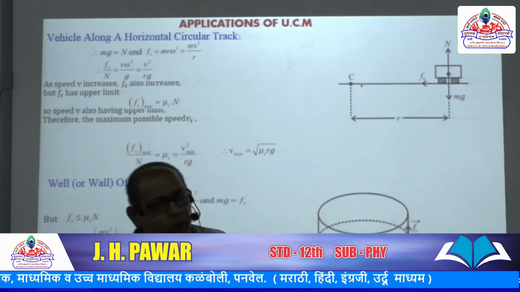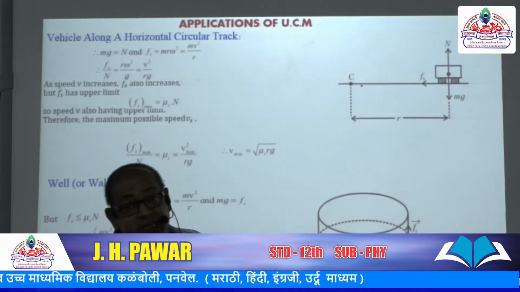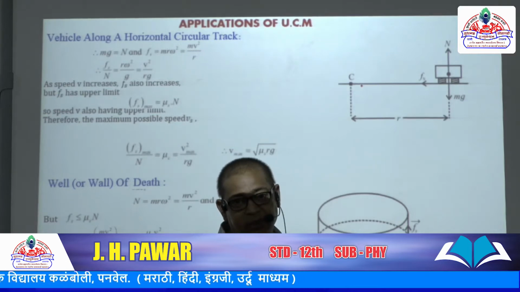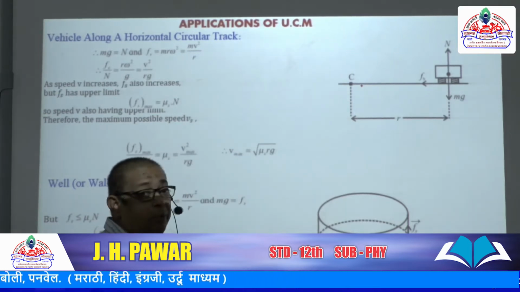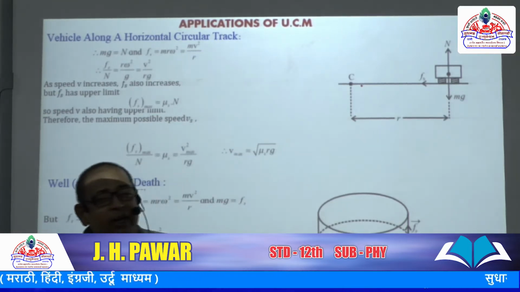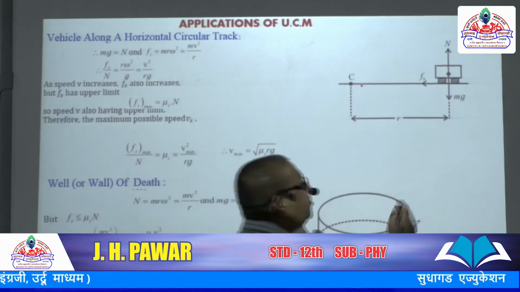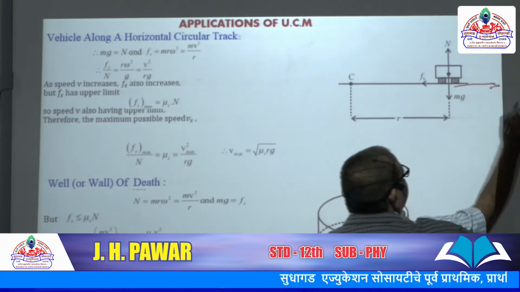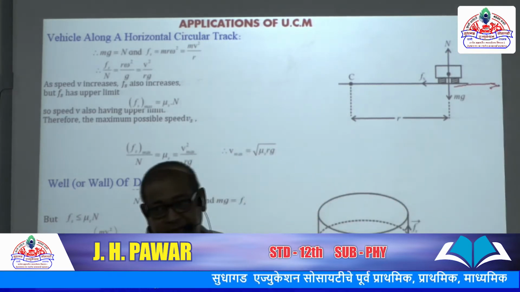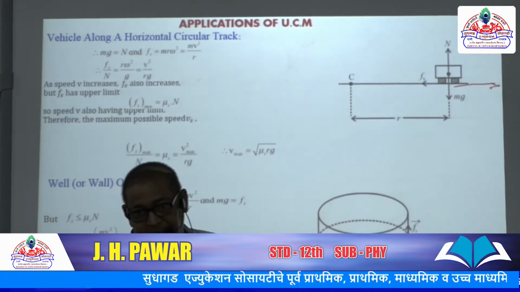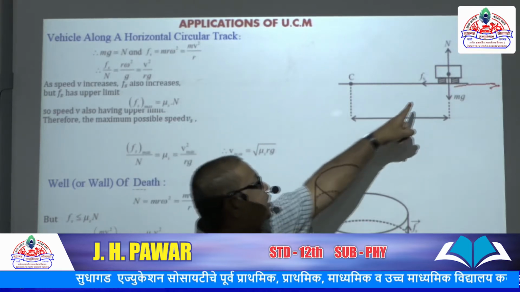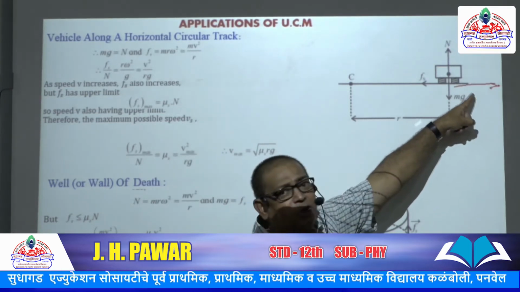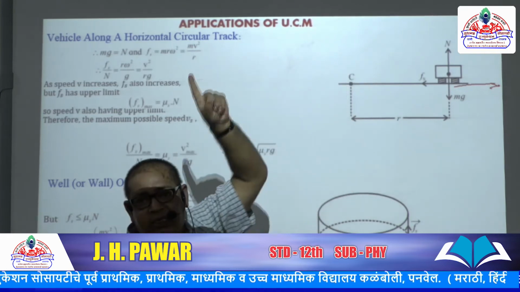Means this force provides the necessary centripetal force for circular motion. Or, carefully observe, this force also balances the centrifugal force acting on the vehicle away from the center. Means this force balances the centrifugal force, or you can say it provides the centripetal force.